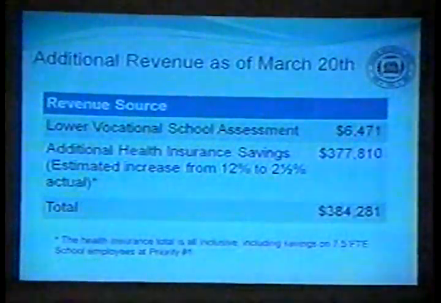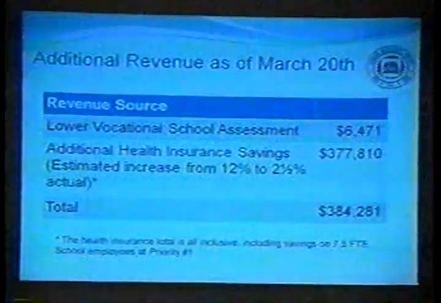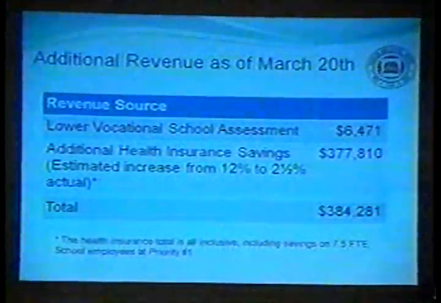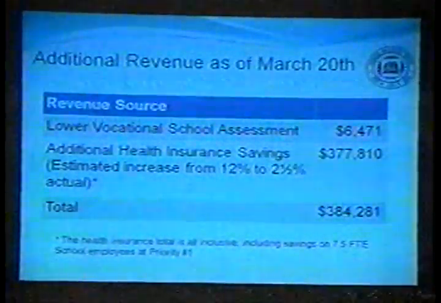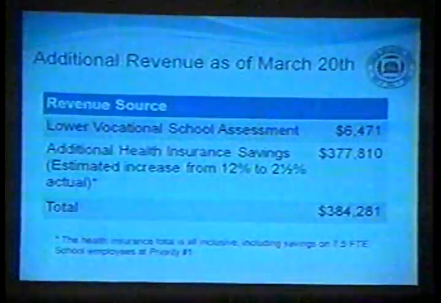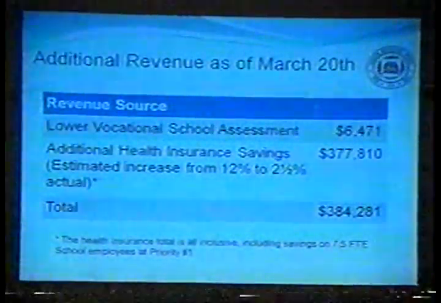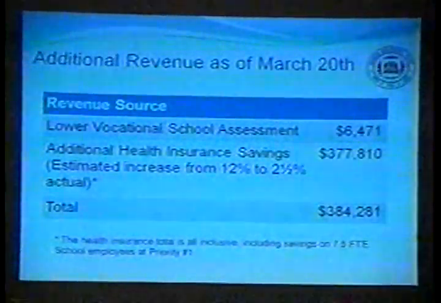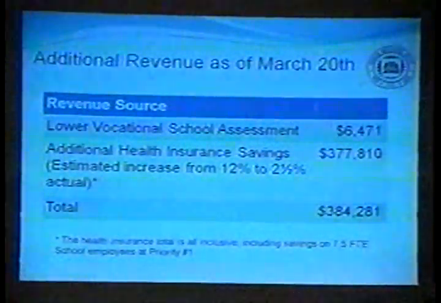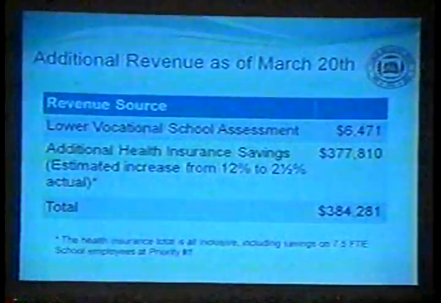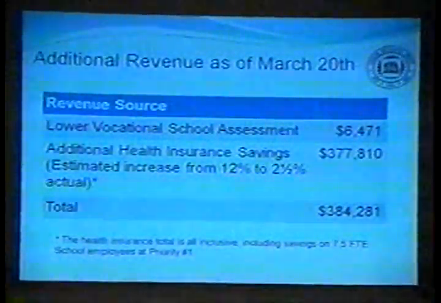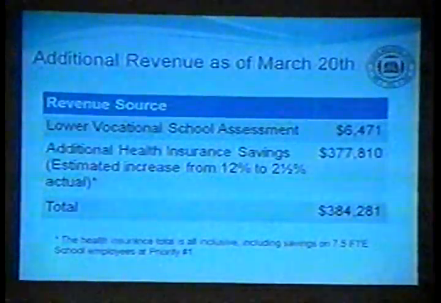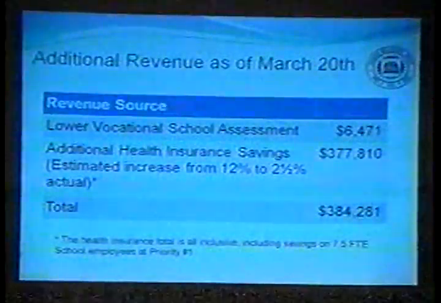And although it's subject to union negotiations, the result of it was that our current insurance provider, instead of giving us a 12% increase, which we wouldn't have been too shocked over, came in with a 2.5% increase. The direct result of competition. They want to maintain their local communities' insurance policies. And as a result, we saved another $377,810.